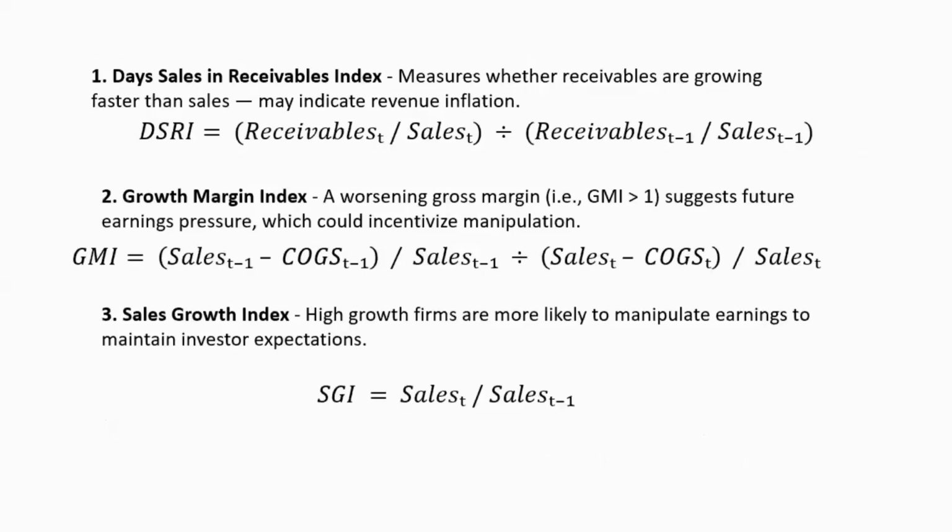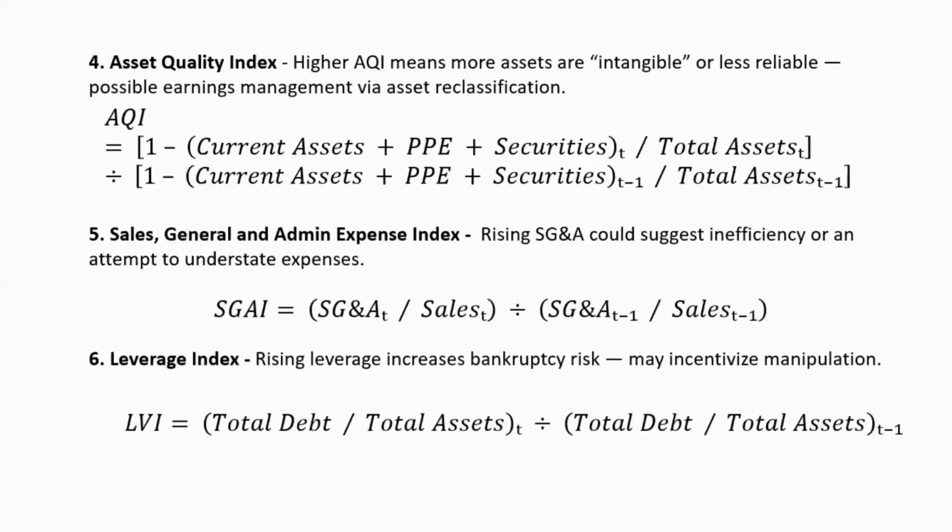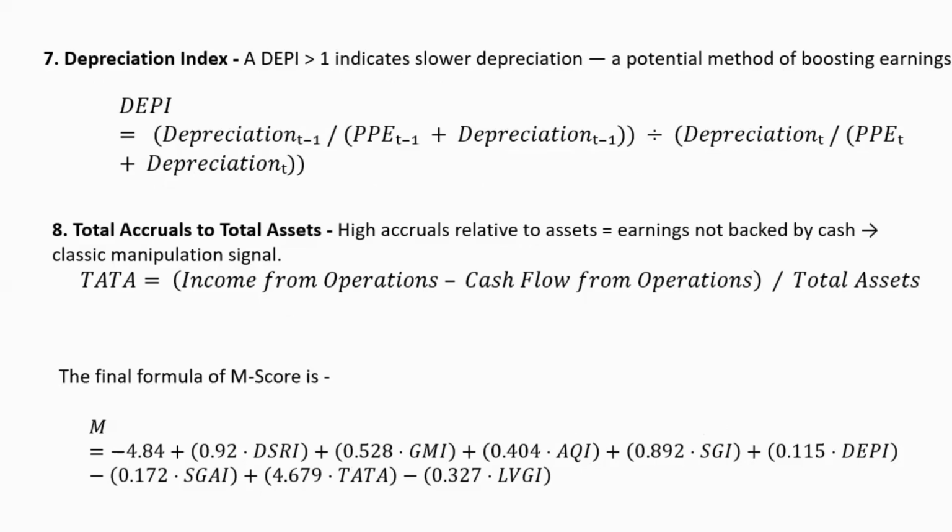I calculated DSRI and it is around, let's say, 0.94. Then I will include that value, 0.92 into 0.94, or whatever the value you get after your calculation.